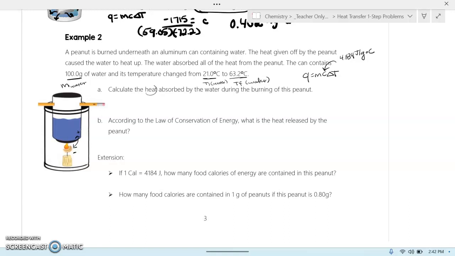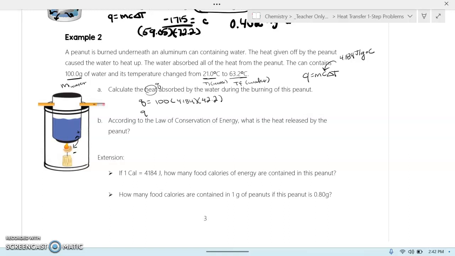So if we're finding heat, that's Q. We have all the other information. Mass is 100. We know C is 4.184 of water always. And then our temperature change, find the difference between our start and our end point. If we do that, we will find that the temperature change here is 42.2 degrees.